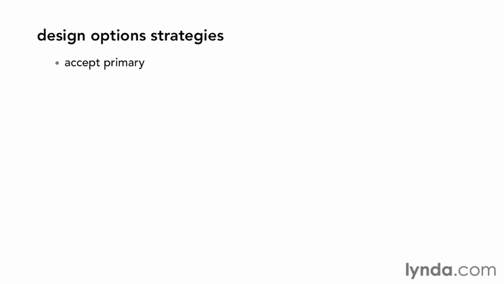It's really important to understand that when you choose Accept Primary, it's somewhat final. There is no reversal of this tool. You can't go back and restore a previously deleted option set. So I highly recommend that you keep a backup of your project. So before you do Accept Primary, save a copy of your project off in an archive somewhere.